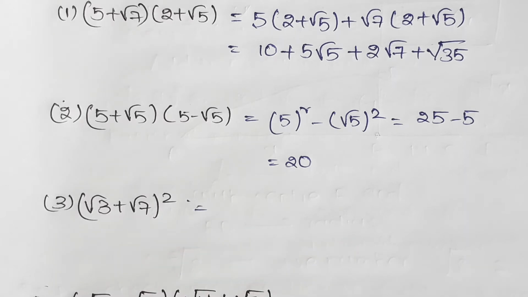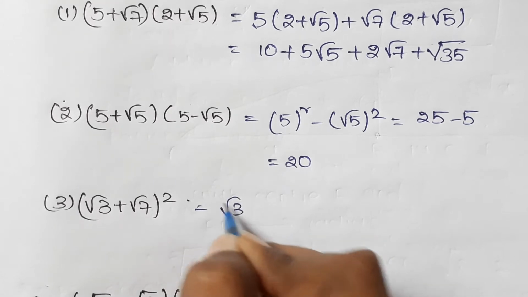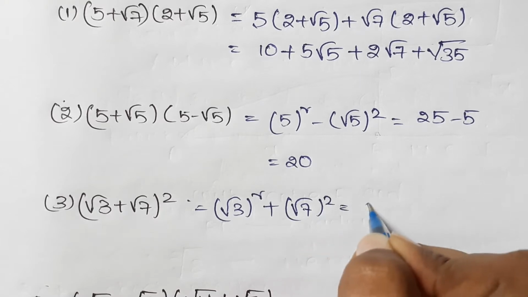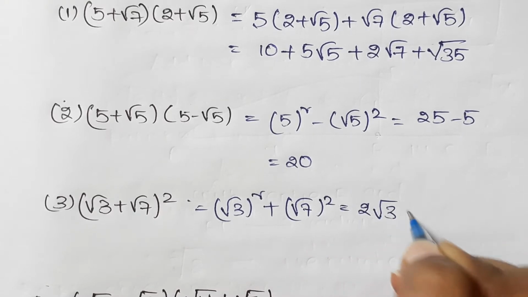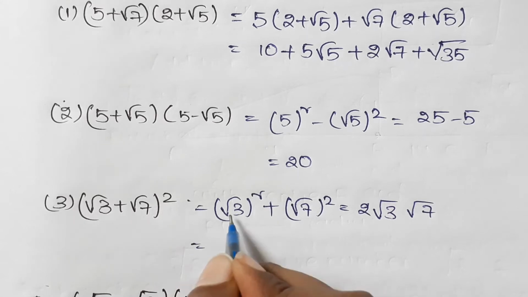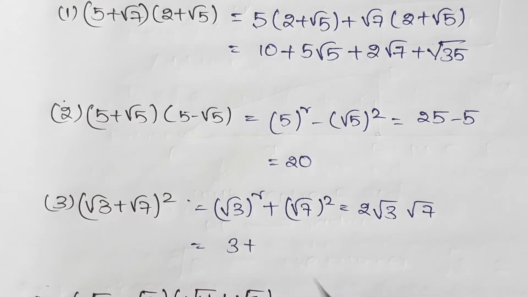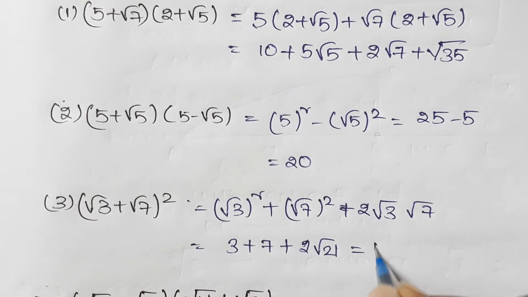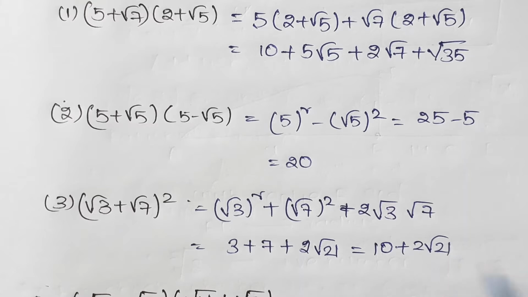We know the formula (a plus b) whole square equals to a square plus b square plus 2ab, that is (root 3) whole square plus (root 7) whole square plus 2 into root 3 into root 7, that equals to (root 3) whole square is 3 and (root 7) whole square is 7, and 2 into root 3 into root 7 is nothing but 2 root 21. And when we add this, 10 plus 2 root 21 we will get.